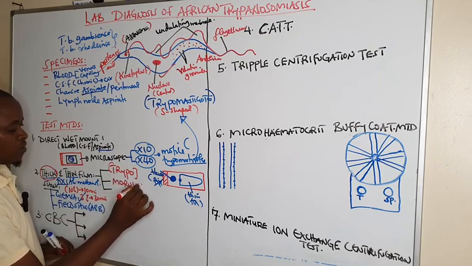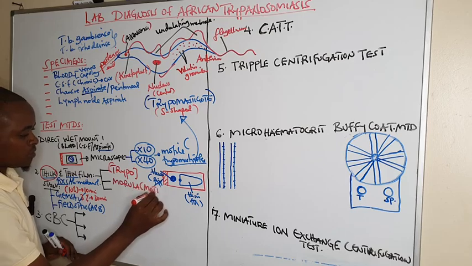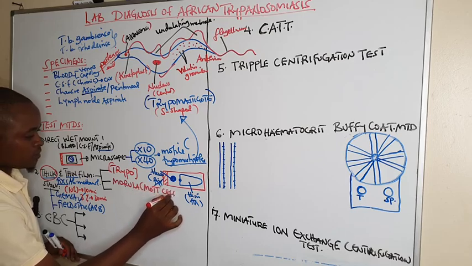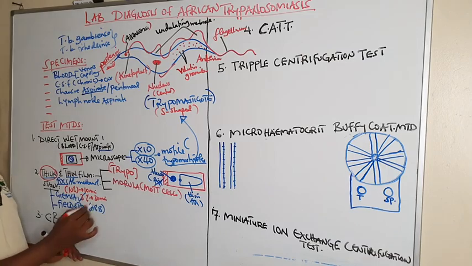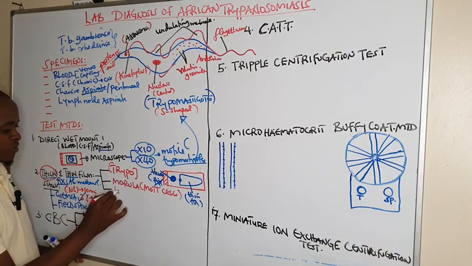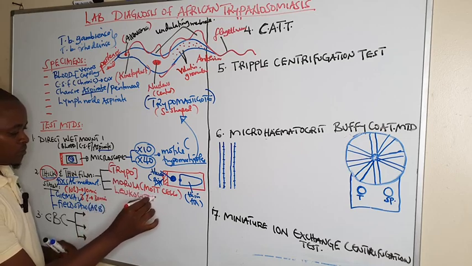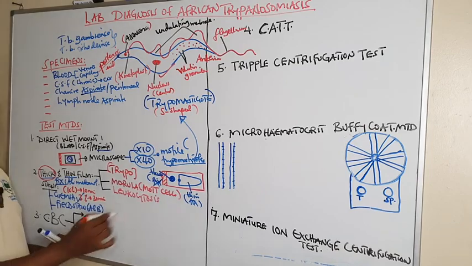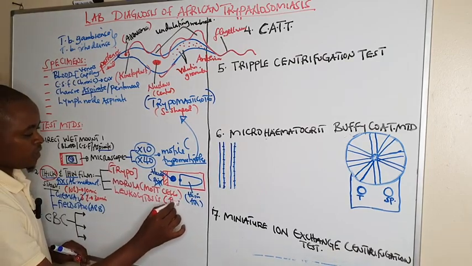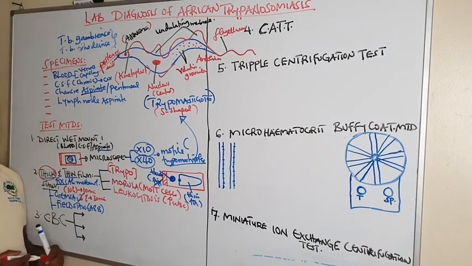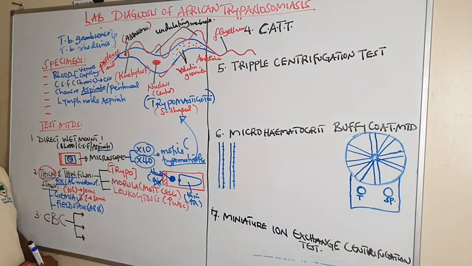You can call them morula cells or Mott cells. In a thin film, we can also look for the presence of leukocytosis. That is increased white blood cell count, which is always seen in trypanosomiasis.